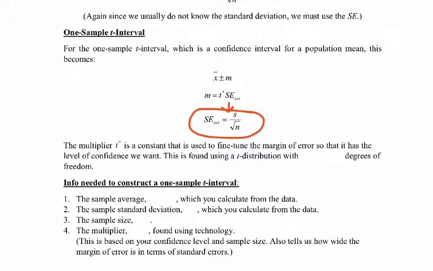The multiplier t star is a constant that we use to fine-tune the margin of error. It's just like the z star values we used earlier in Chapter 7. It's the same idea. This is found using a t distribution with n-1 degrees of freedom. And we'll do an example of all of this, so hang tight.